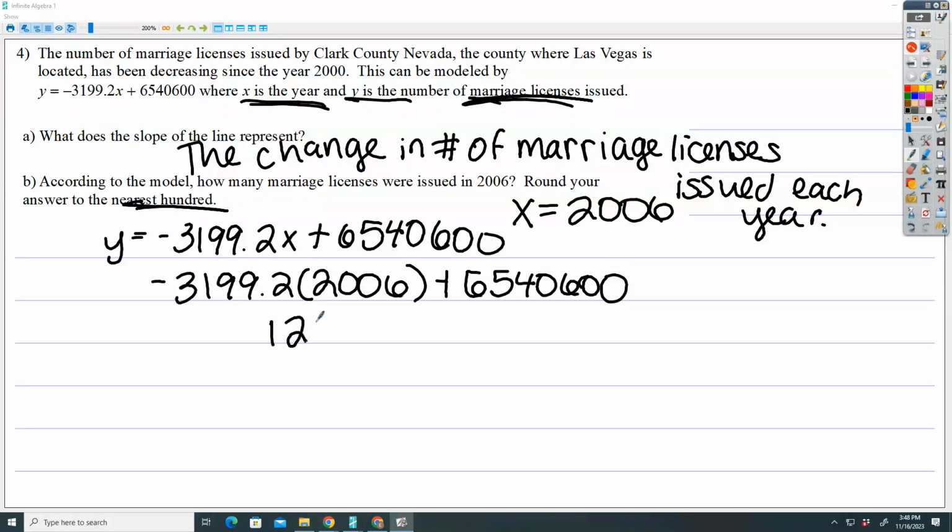Okay, and I get this number, but don't just put this number because it says round to the nearest hundred. The 4 tells us the nearest hundred would be this. So I would have either rounded down to 123,000 or rounded up to 124,000. Since this is just 4, that's less than 50, we round down. So make sure you're following the directions.